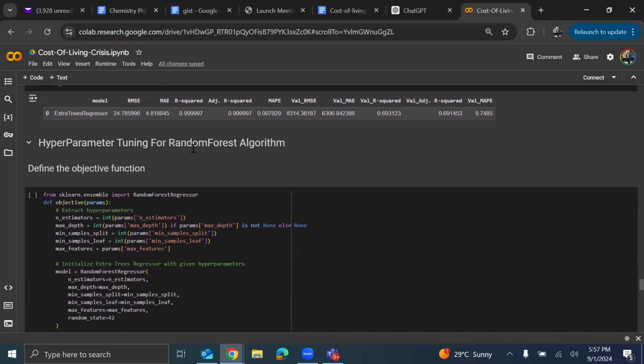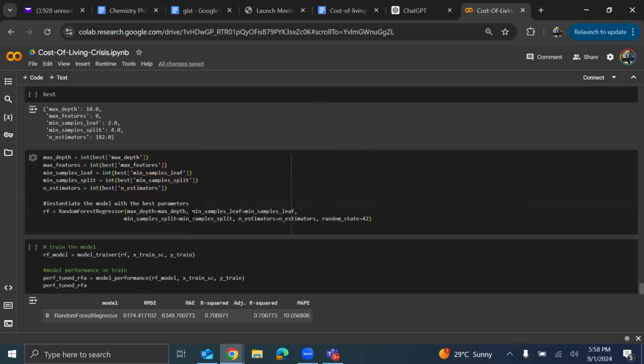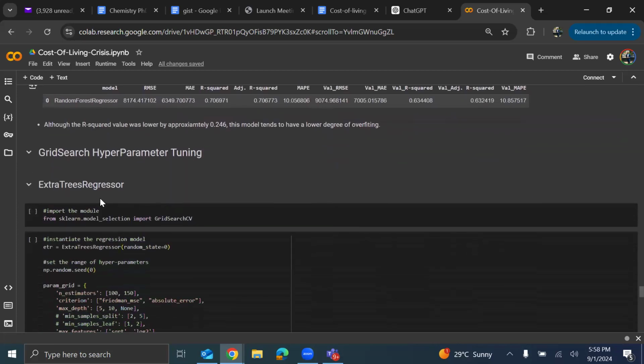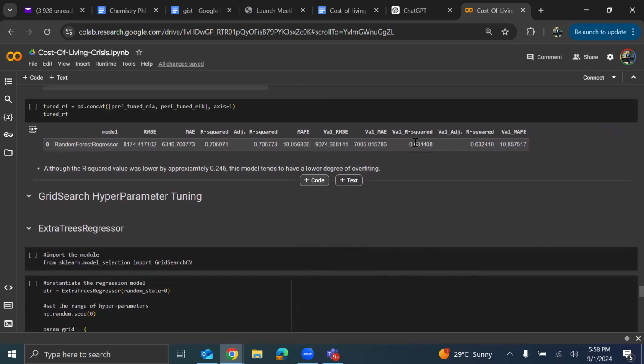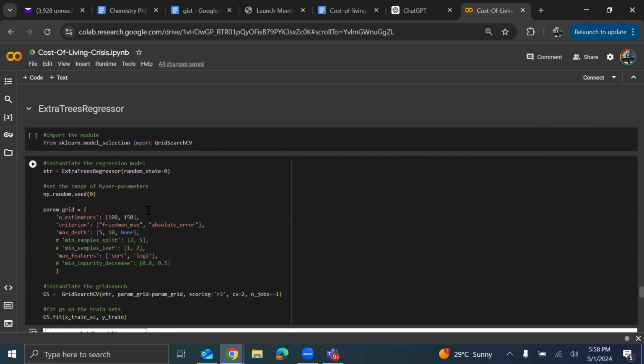I also did hyperparameter tuning for the random forest. Since this output was not really performing as well as I wanted, I decided to use grid search. Grid search is similar to Hyperopt, but it's not fully automatic.